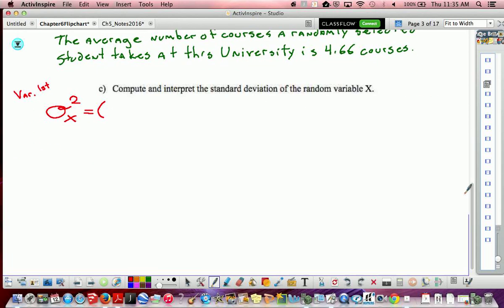So I write this out as 1 minus 4.66 squared times 0.02. That's just the first one. I do it again for the second one. Now it's 2 minus 4.66 squared times its probability.